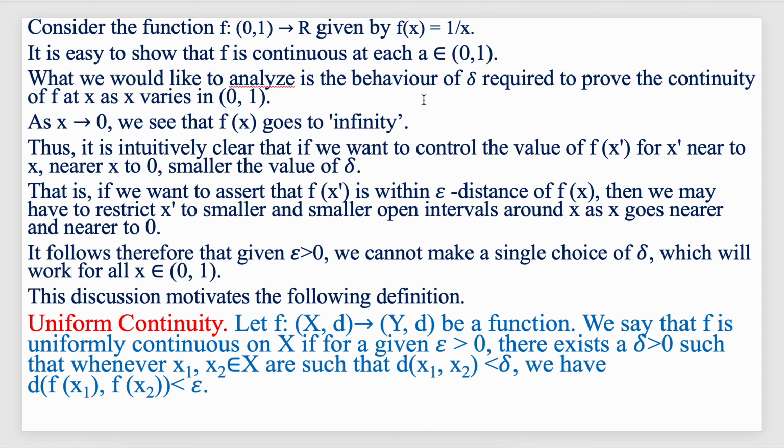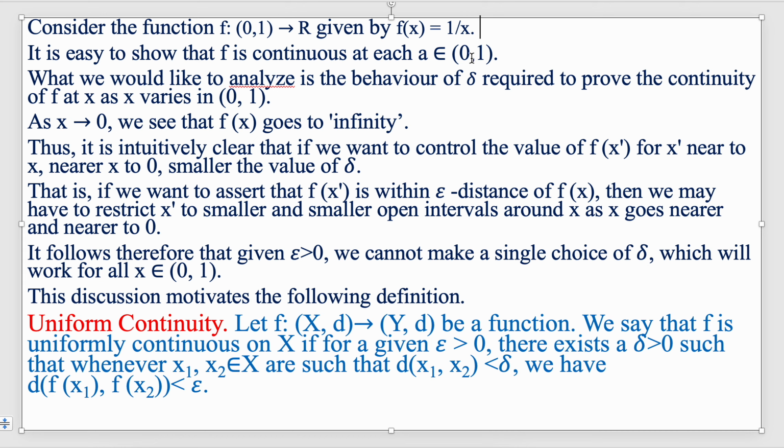That is, if we want to assert that f(x') is within epsilon distance of f(x), then we have to restrict x' to smaller and smaller open intervals around x as x goes nearer and nearer to 0. It means for given epsilon greater than 0, we cannot make a single choice of delta which will work for all x belonging to this open interval 0 to 1. And this motivates us to give the definition of uniform continuity.